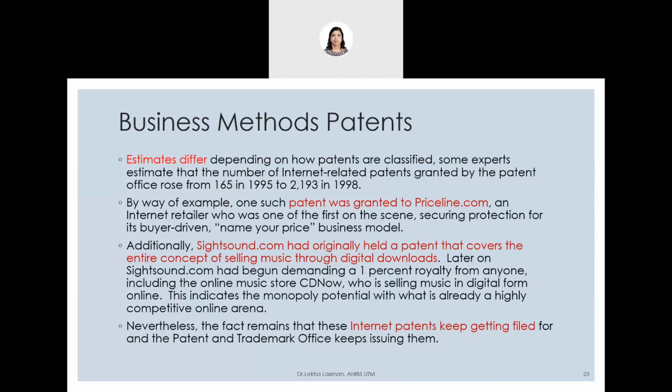So you can see here, when these companies come on the scene with these original business method patents, they get to have a monopoly over other businesses who come after them. They have the edge over businesses that come after them because they tend to have a monopoly in that area. So again, these are examples of business method patents.